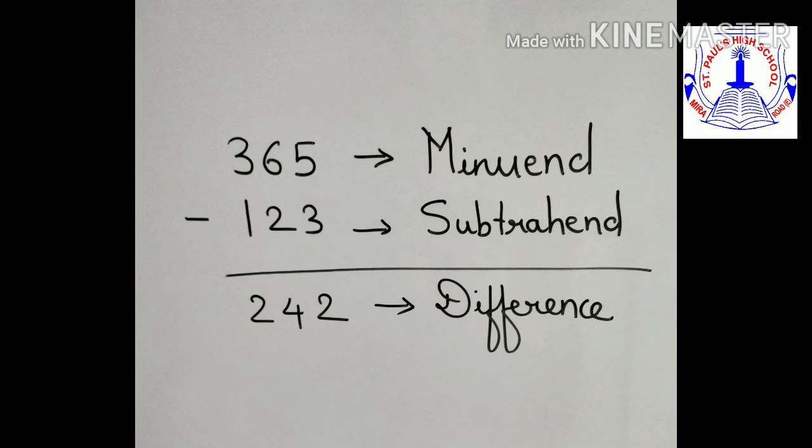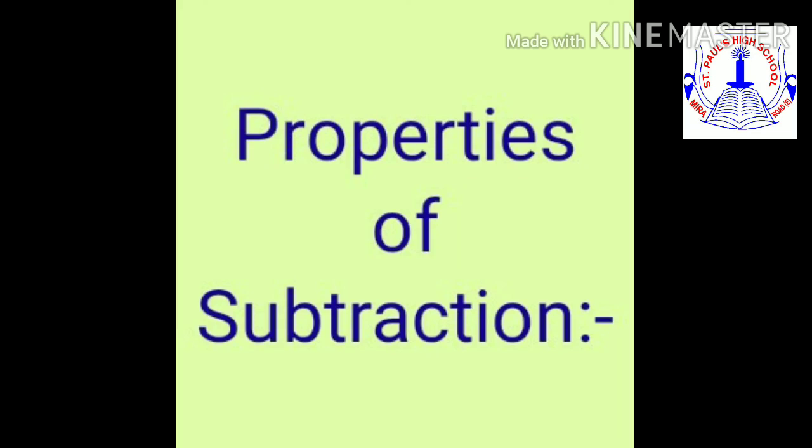For example, 365 minus 123, which is equal to 242. So here 365 is called minuend, 123 is called subtrahend, and the answer we get, 242, is called difference.